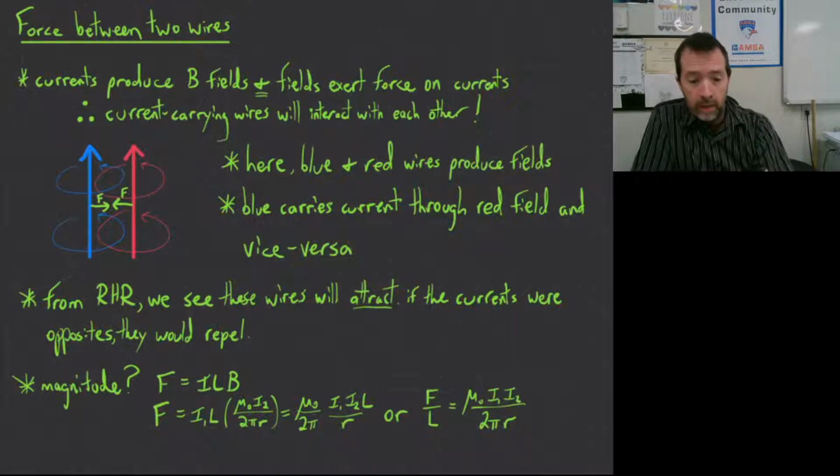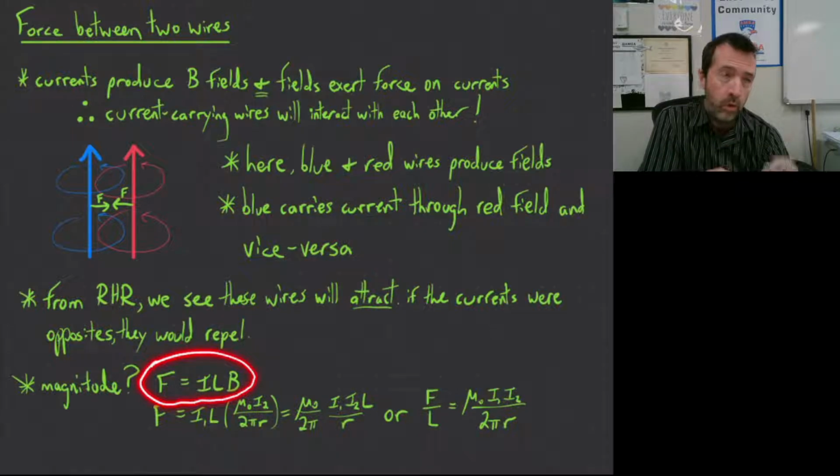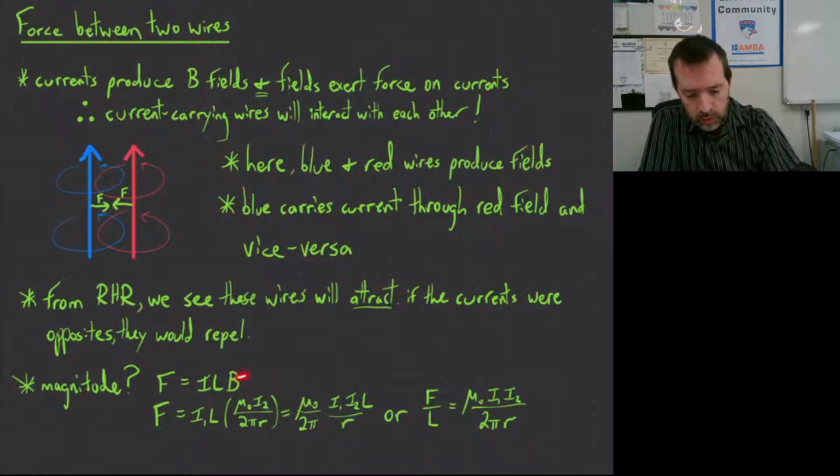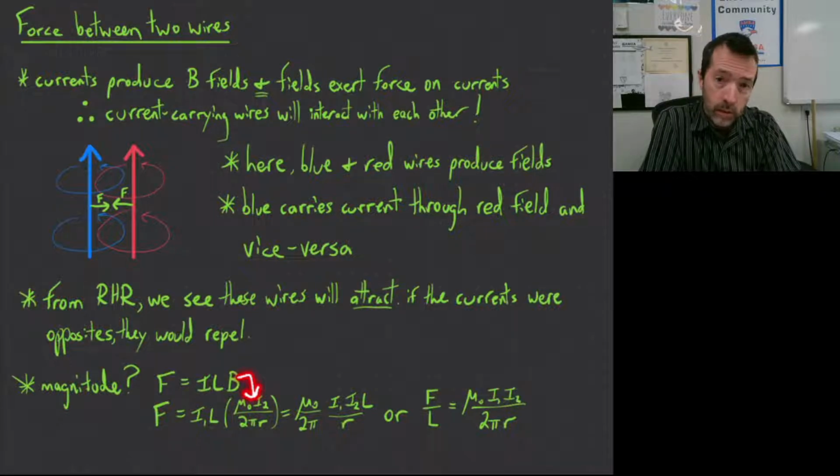And if you want to know the magnitude of that force, I know that the magnitude of the force on a current carrying wire that's flowing through a magnetic field is ILB, assuming that the field and the current are perpendicular. In this case, they are. So if you want to know the magnitude of the force between the two wires, all you have to do is replace that B with the field of a wire formula that I just derived.